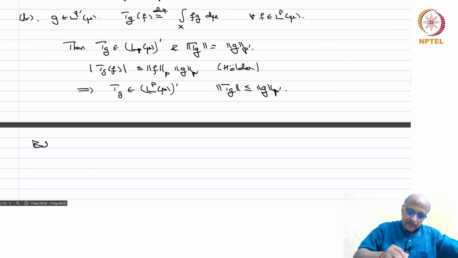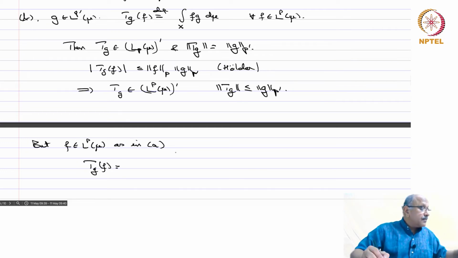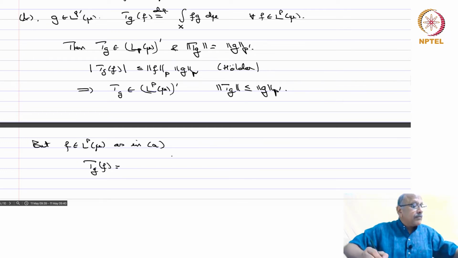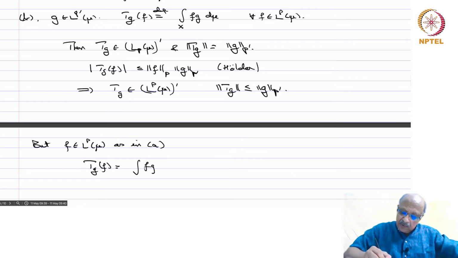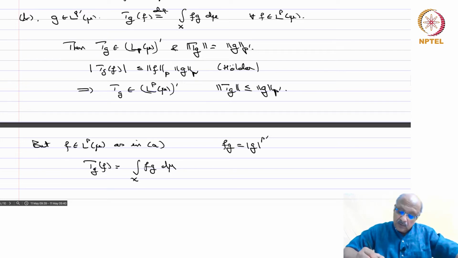But f in L^p(mu) as in A, then T_g of f equals integral f g d mu over X, but f g equals mod g to the power of p dash. So this is equal to integral over X of mod g to the p dash d mu.